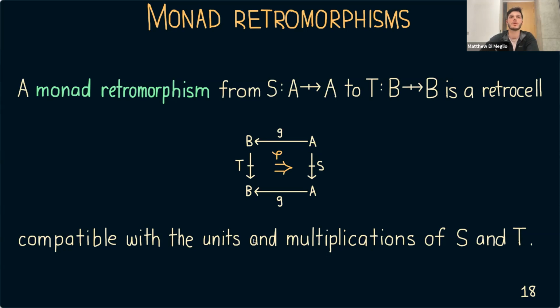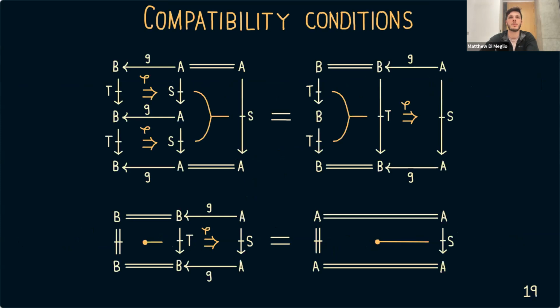And this should be compatible with the units and multiplication of S and T. This compatibility condition looks very similar to the compatibility condition I gave before, except that these are now diagrams of retrocells. You'll notice that the G is going in the reverse direction.